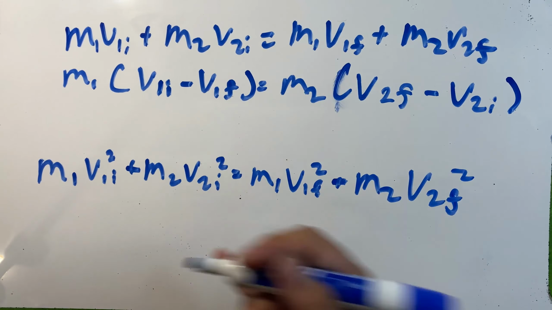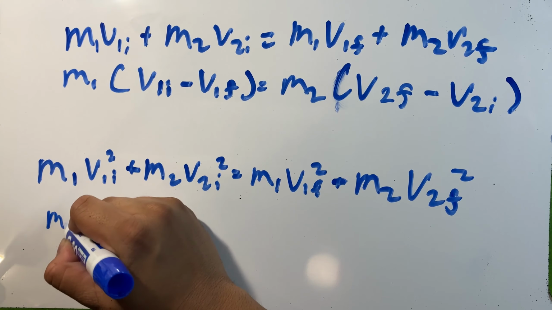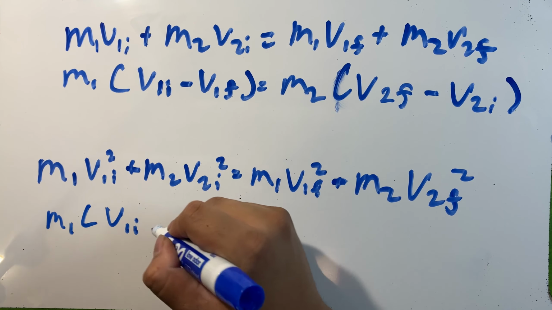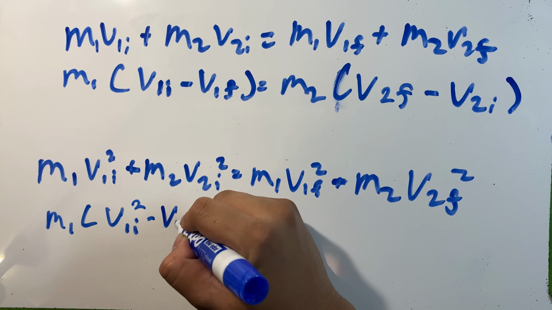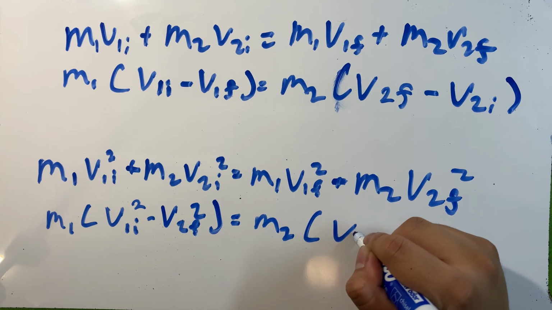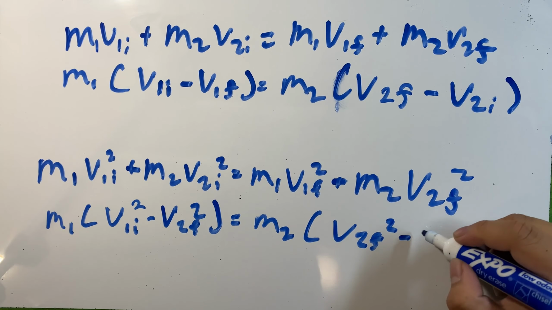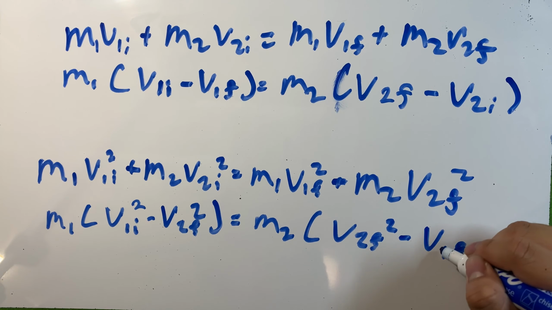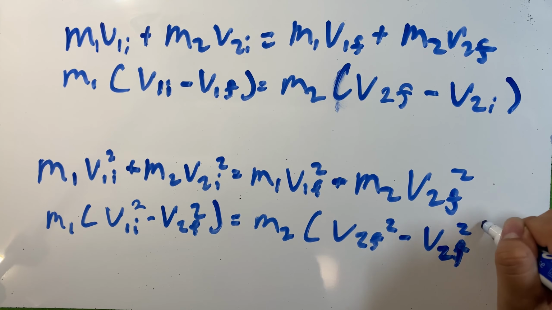Well, if we move all the M1 terms to one side like we did before, it's going to be M1 times (V1 initial squared minus V1 final squared) is equal to M2 times (V2 final squared minus V2 initial squared).